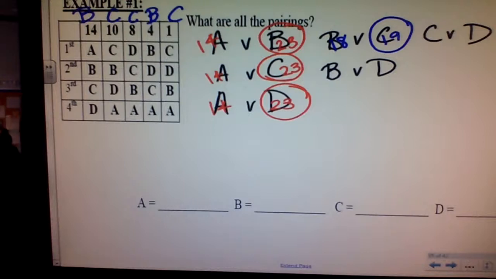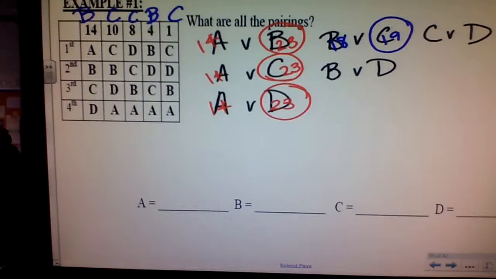Look at B versus D and C versus D. All right, I'm good. I think I did it. Sorry. It's the same thing.